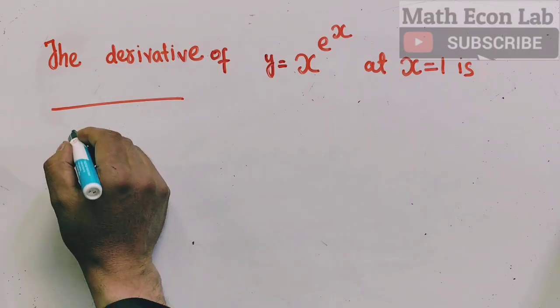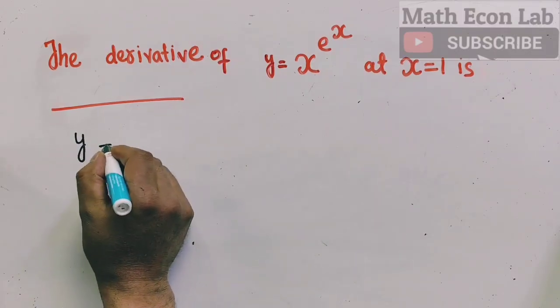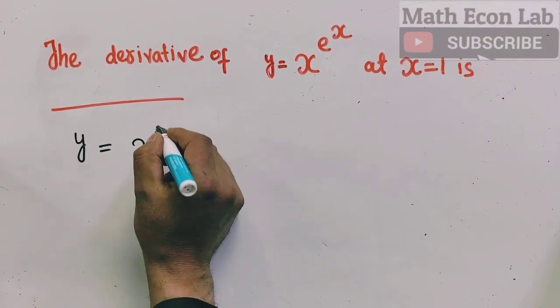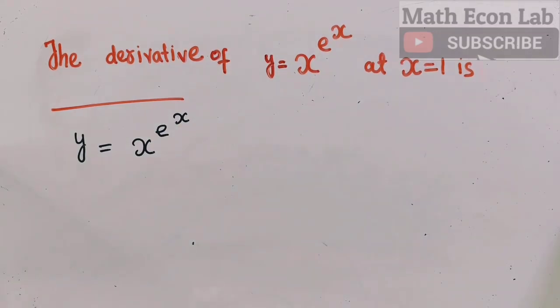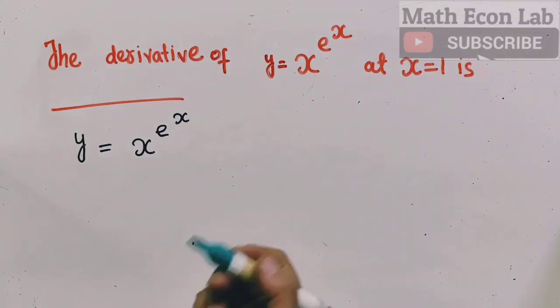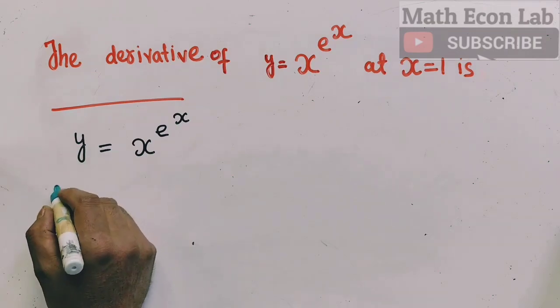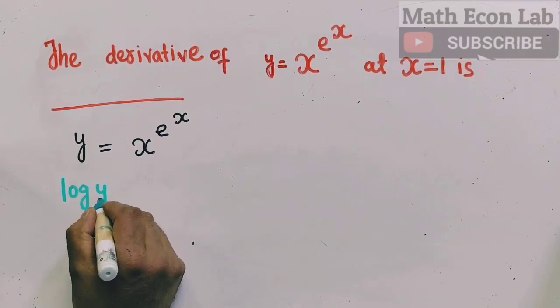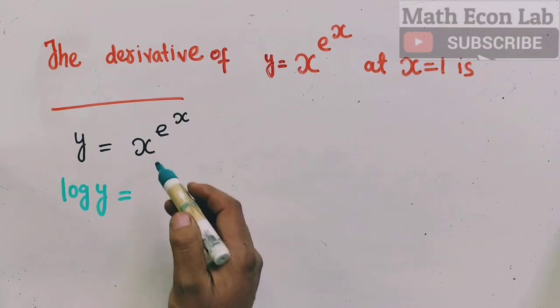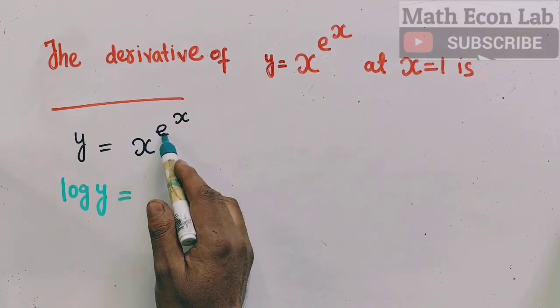So we have y is equal to x raised to the power e raised to the power x. Let us first take the log on both sides. That means log of y is equal to, now what is log of x raised to the power e raised to the power x?